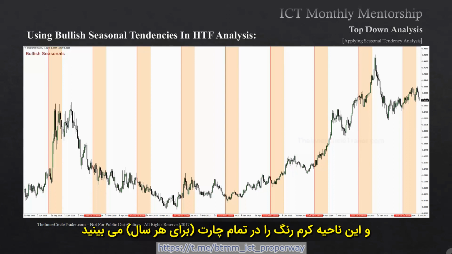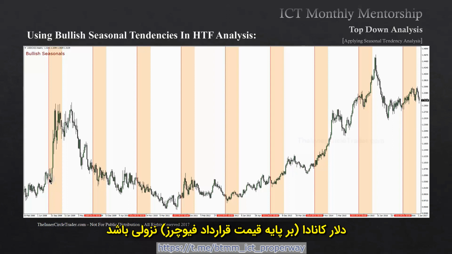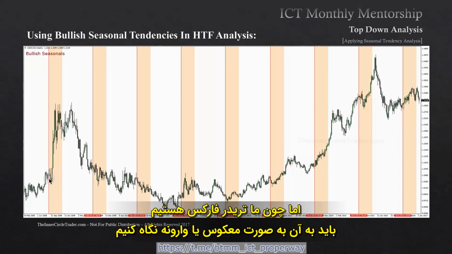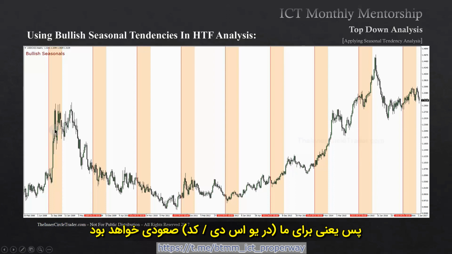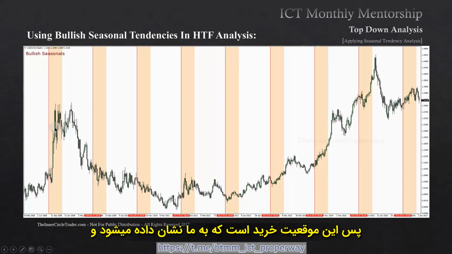You can see that shaded area all the way to the left here. This is when we'd expect to see the Canadian dollar to be bearish on the futures underlying contract price, but because we're foreign exchange traders, we have to be looking at it to be reversed or inverted. So that means it would be bullish for the US CAD pair, because this is how we're trading the major, US against the CAD. So this is the buying opportunity that would be presented.